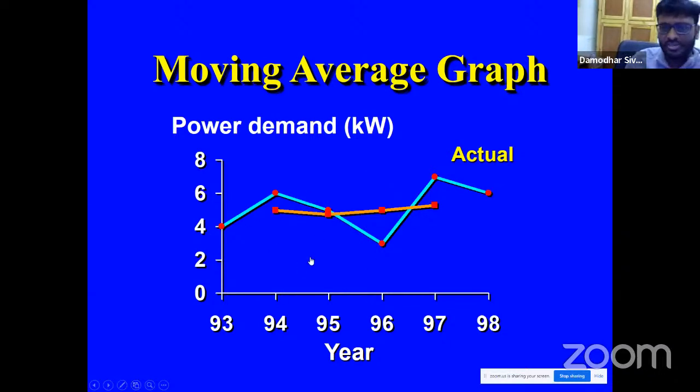So what is moving averaging? Suppose I have 6 data points, and I want the 7th day or 7th year power demand for that particular area or house. Here we can talk about many averages: 2 moving average, 3 moving average, 4 moving average.